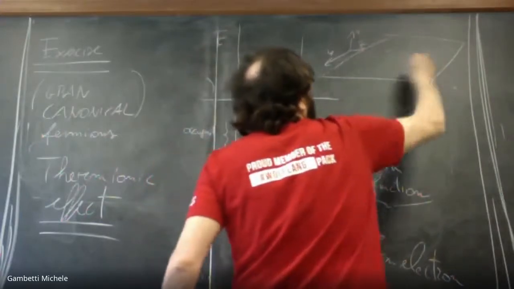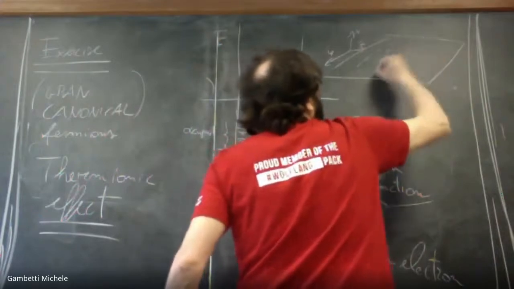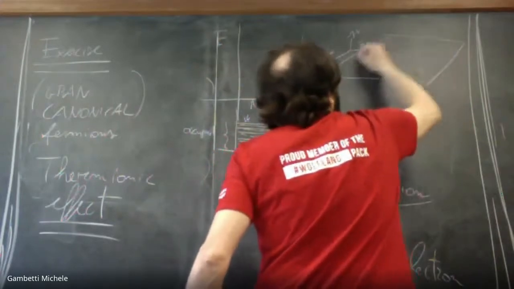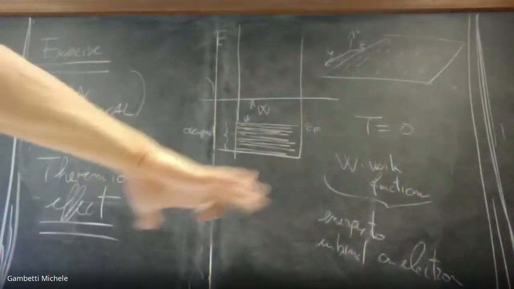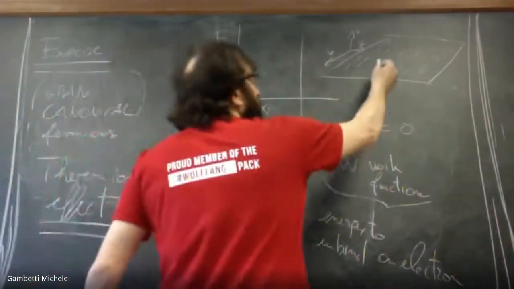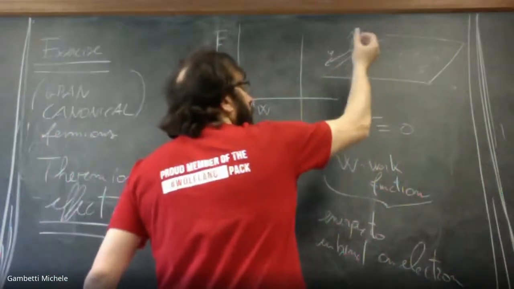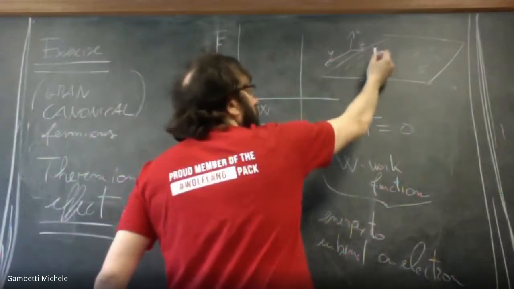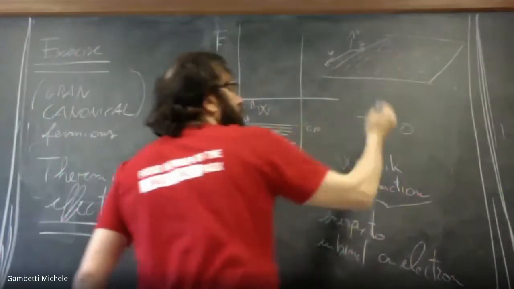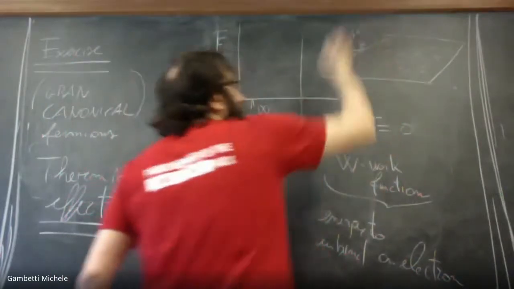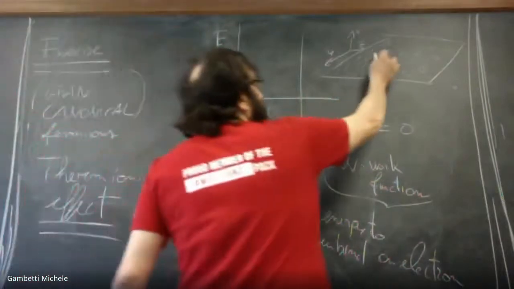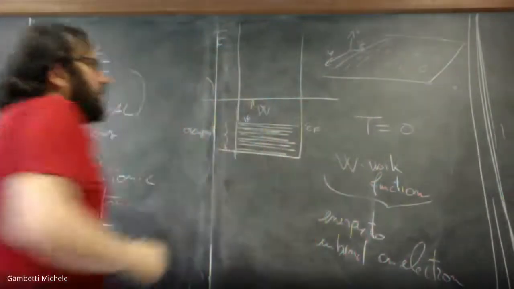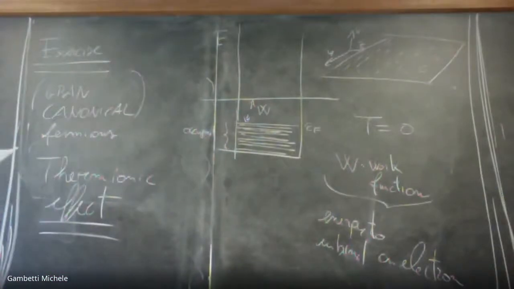And here you have the electrons in this plane, this sheet of metal. The effect is due to the fact that the component of the kinetic energy in the x direction, one half m vx squared, is larger than the work function, basically.